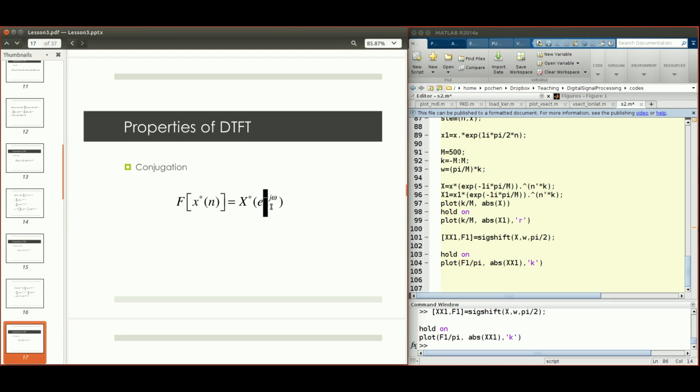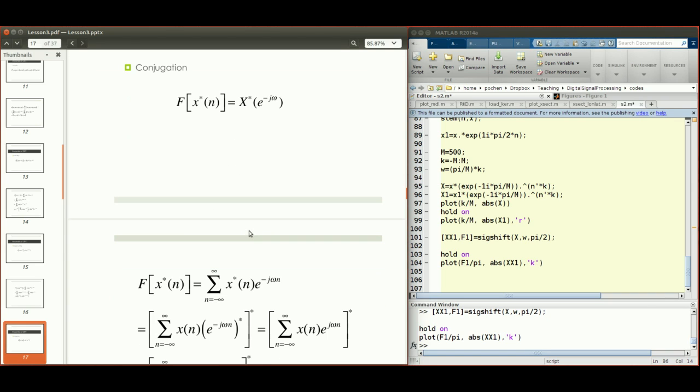So you're folding big X of e to the j omega, and then you are taking a complex conjugate of big X. Taking a complex conjugate is an operation on the imaginary part of big X. So the Fourier transform of the conjugated input equals the conjugate of the folded version of the Fourier transform of the original signal. It looks really complicated, because to explain it you have to introduce two operations. One is folding, and the other is conjugation.